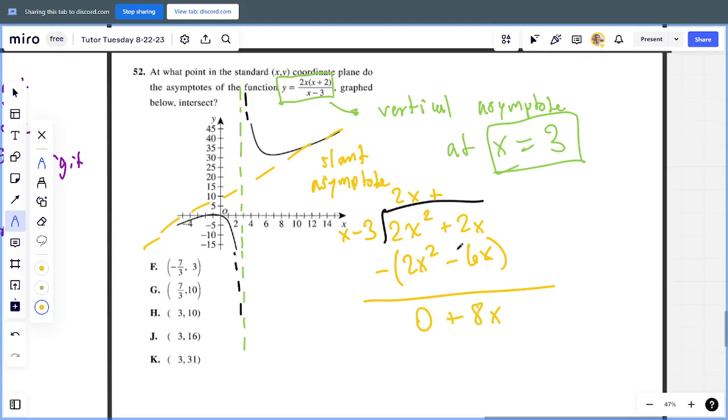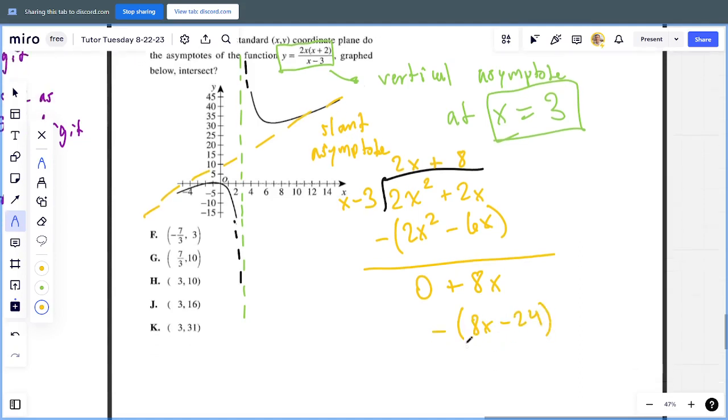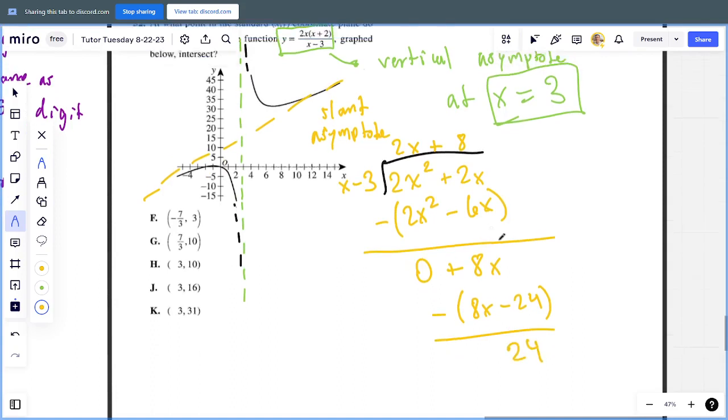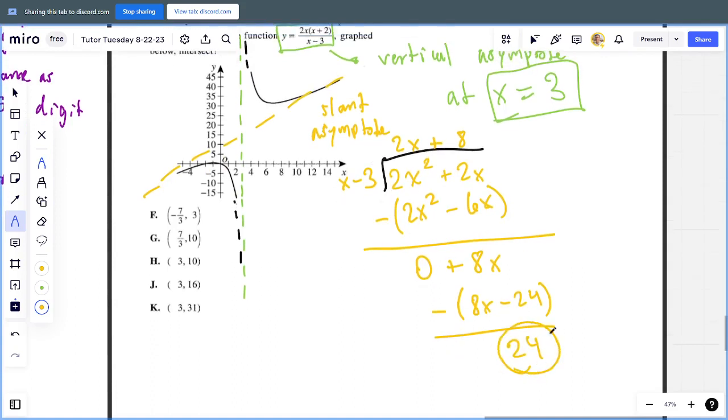Now, x minus 3 goes into 8x 8 times. So I'm going to put an 8 up here, and then multiplying those together, we subtract off our 8x minus 24. That gives us just a remainder of 24, and x minus 3 can no longer go into 24.